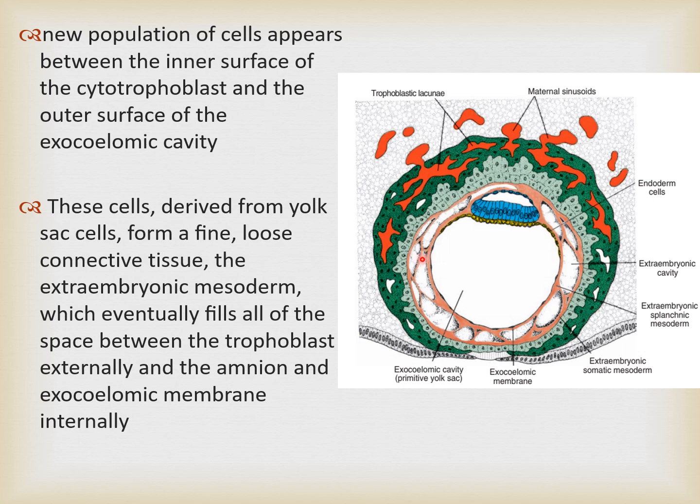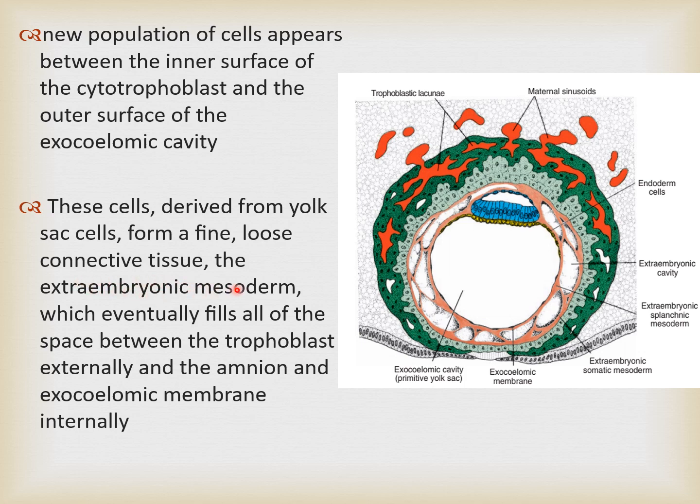In between the exocoelomic cavity and the cytotrophoblastic cells, there is a growth of connective tissue cells, and they form a loose network. This loose network of connective tissue cells is known as extraembryonic mesoderm.